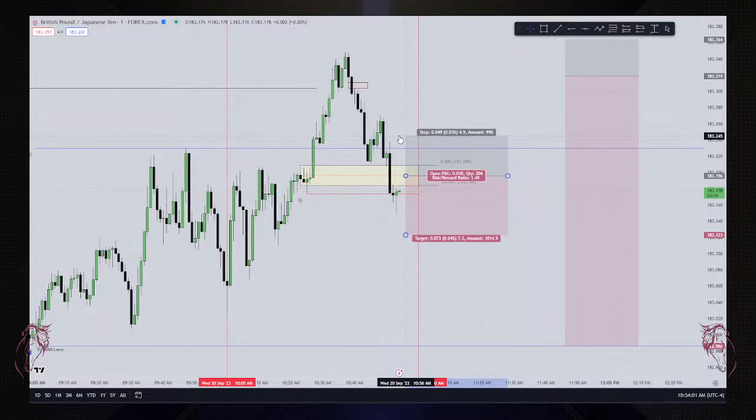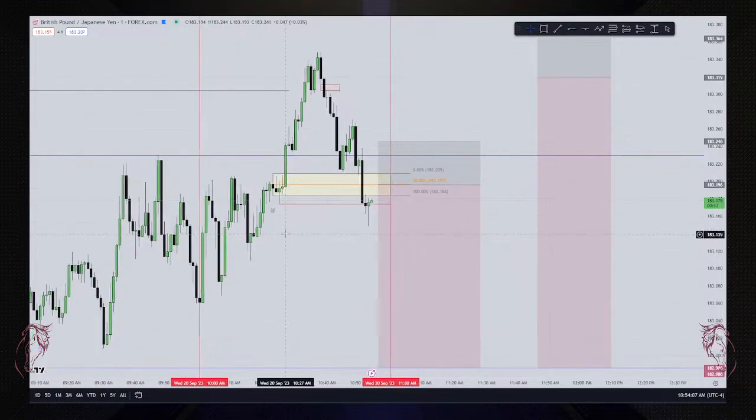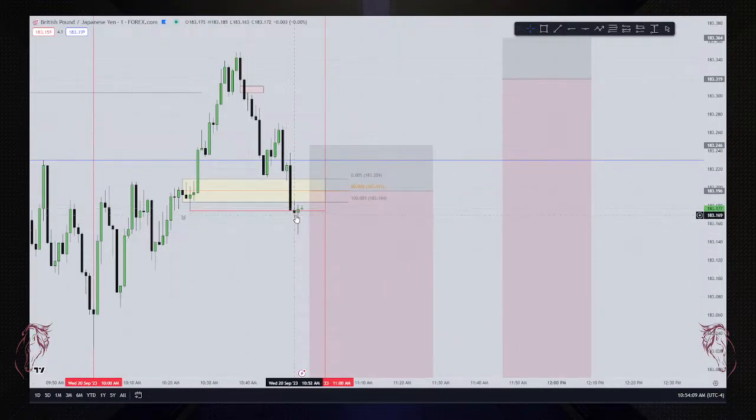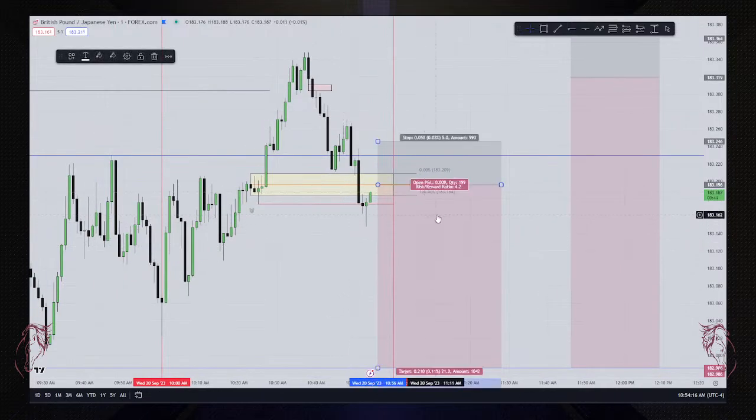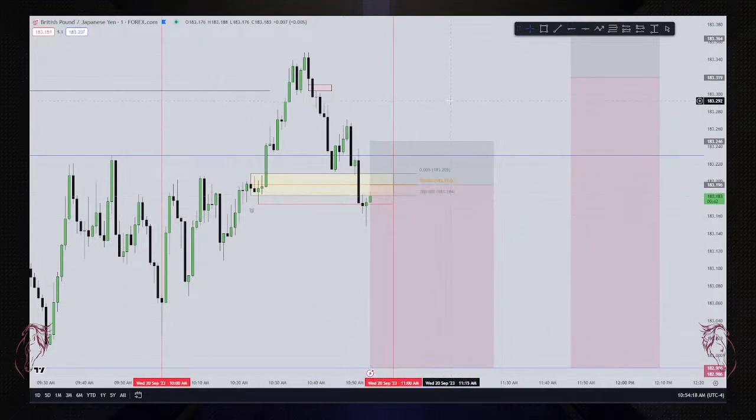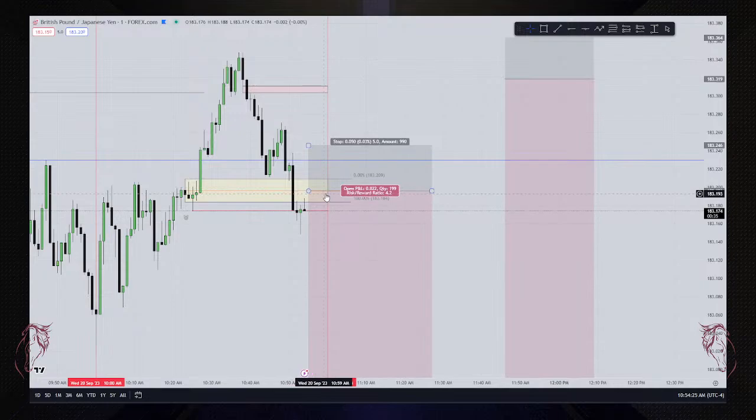Stop loss right above these highs, or this candle high, targeting 9 a.m. lows. Now this did create a small doji candle right here, which is a little concerning, but I will see what price wants to do from here.